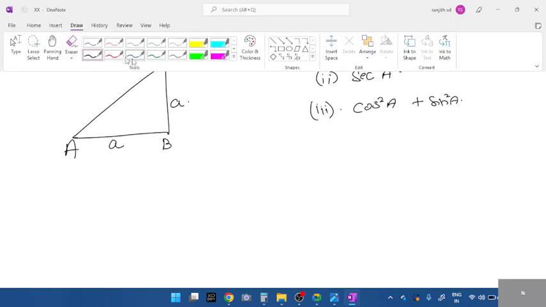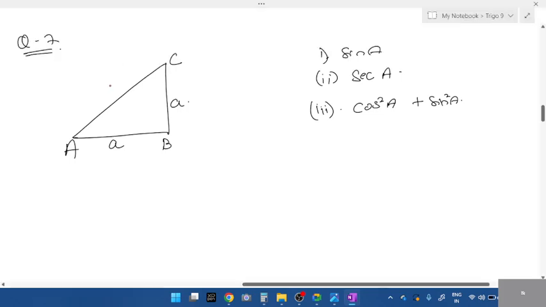Okay, let me explain this. This is a totally different question, but the concept is the same. Which one is the right angle here? B. This is triangle ABC. In triangle ABC, let us apply Pythagoras. Basic, what is Pythagoras theorem? In a right angle triangle, if any one side is missing, we apply Pythagoras theorem.